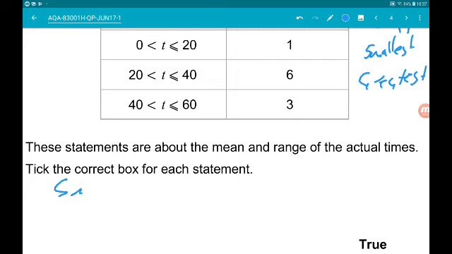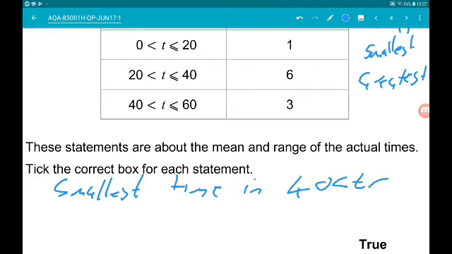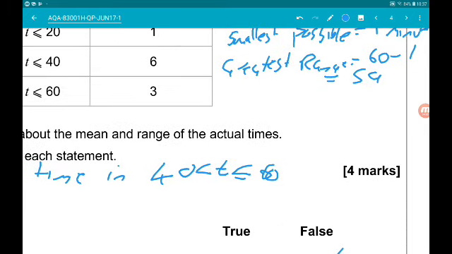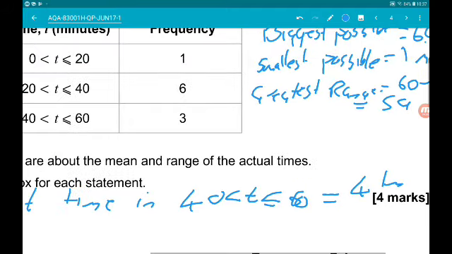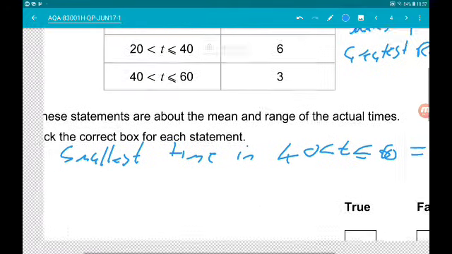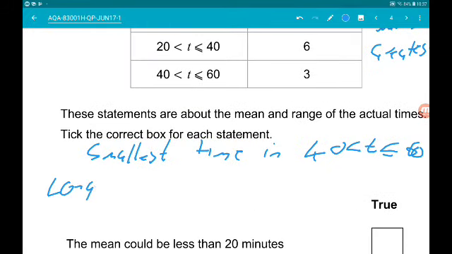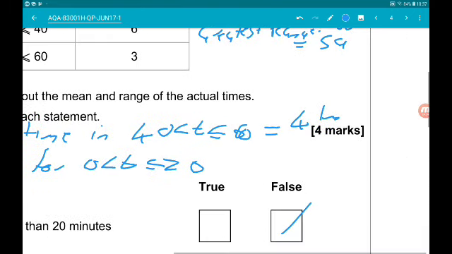The smallest time in 40 to 60 would be 41 minutes, and the longest time in the first row would be 20.